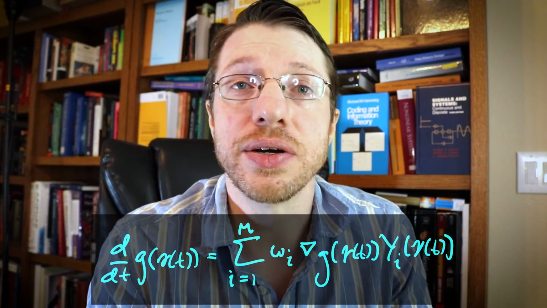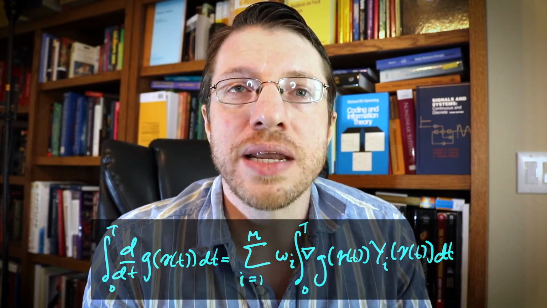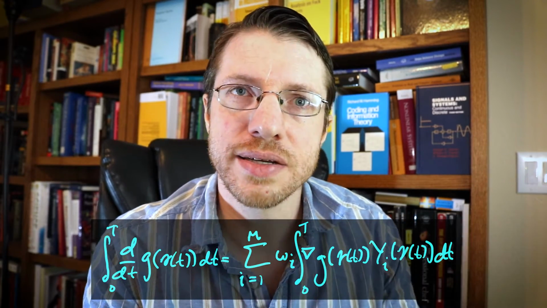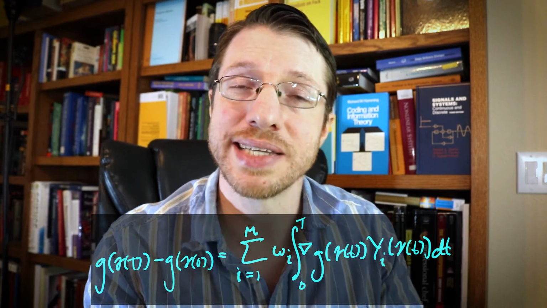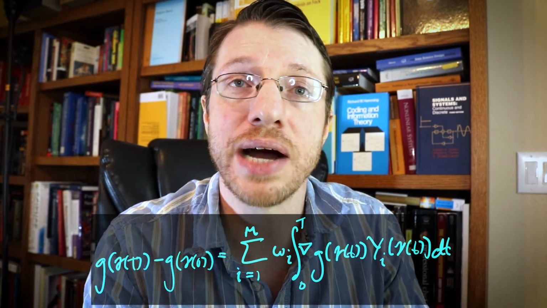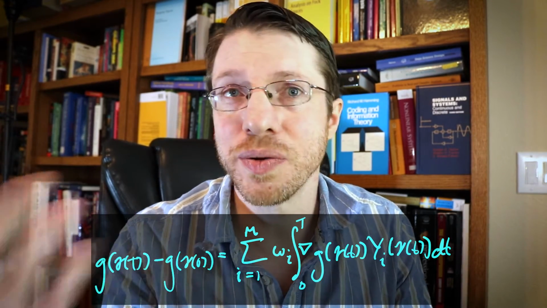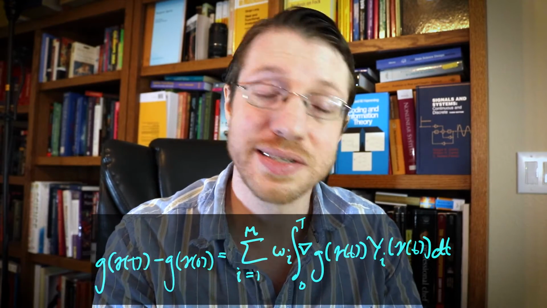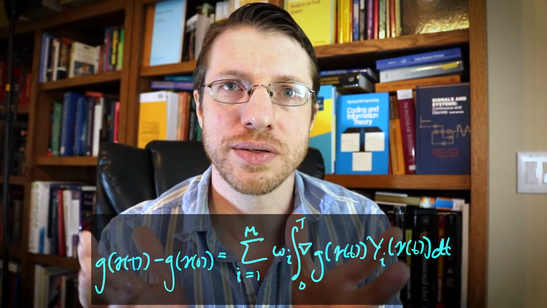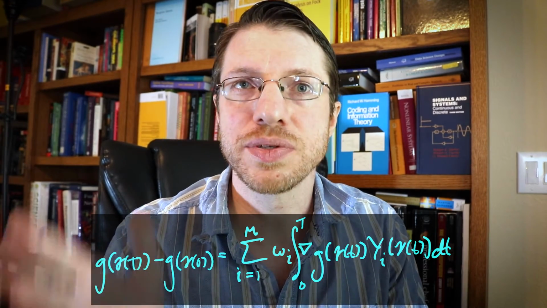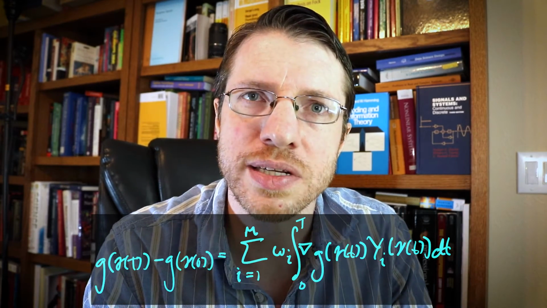Now what's really interesting here is that if I take this quantity and integrate it from 0 to t, on one hand we're going to have g evaluated at either endpoint of my trajectory, and we take that difference. This is the fundamental theorem of calculus. And on the right hand side, we're looking at the integrals from 0 to t of the gradient of this known and selected function g, evaluated at our trajectory, times each one of our basis functions, and that sum according to these weights.